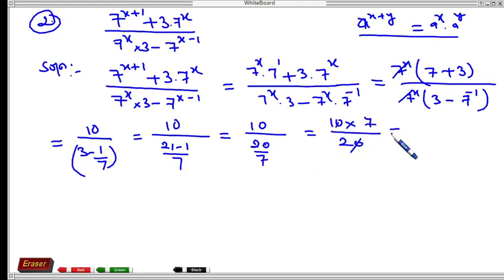So this can be cancelled, then 7 by 2 is the answer. This is the next question. Now we have to simplify another long question.